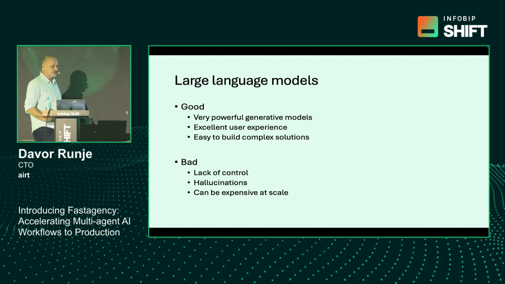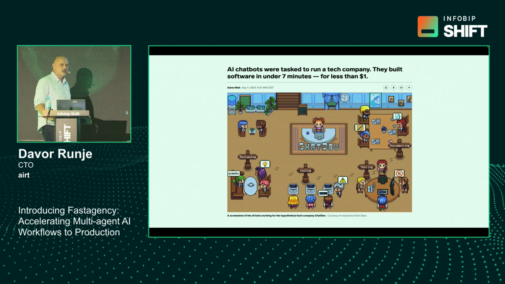That's not cheap. And that was about the state of the art until last summer, when something like this came up in the news. AI chatbots tasked with producing software, up to 1,000 lines of code. They were able to finish it, all of them, in the benchmark, 17-something different kinds of programs, under 7 minutes, at an average cost of $1.